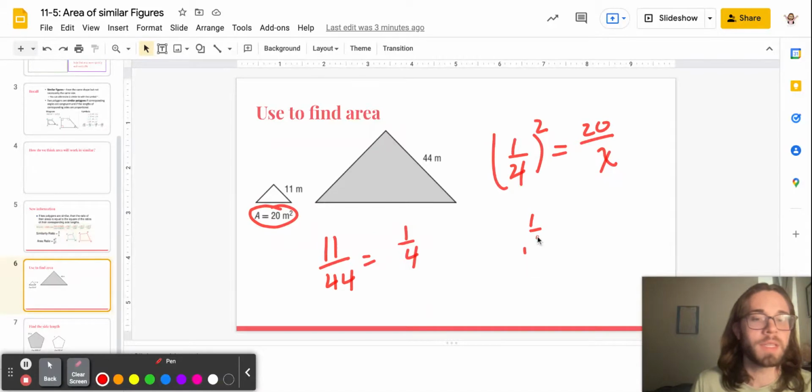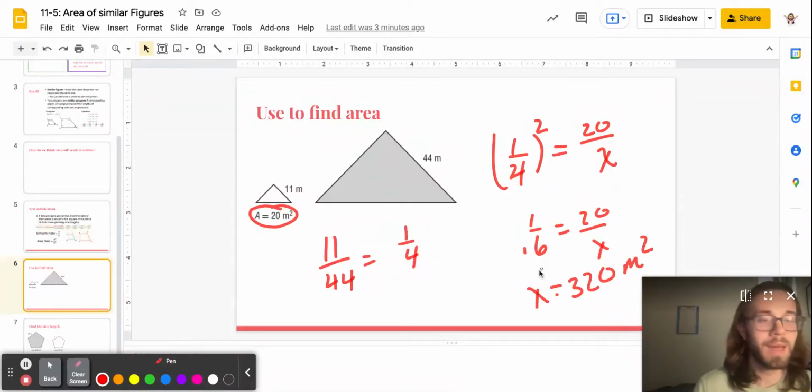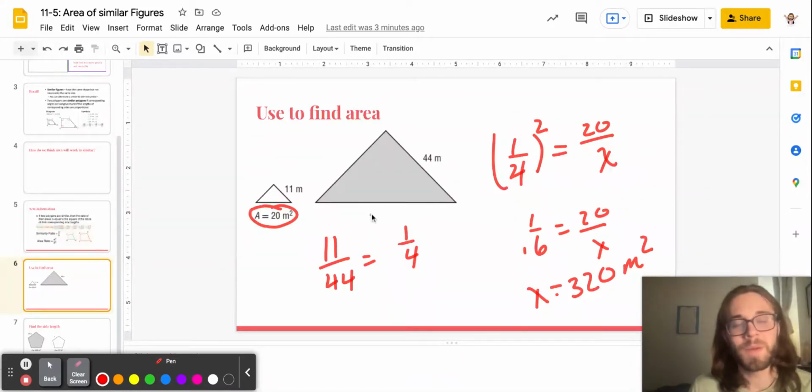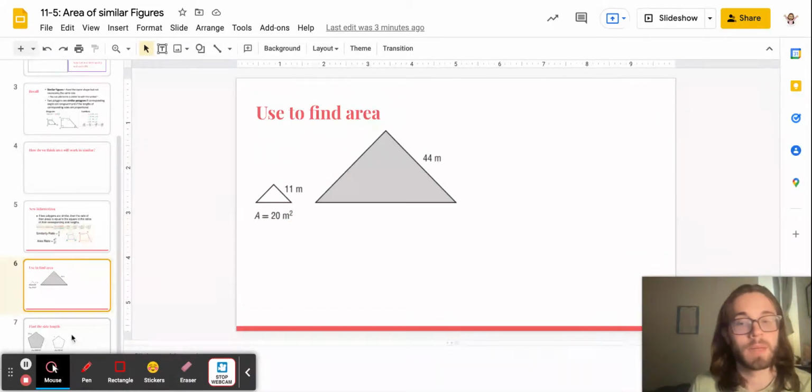So that's 1 over 16 is equal to 20 over x. Cross multiply, x equals 320 meters squared. I have to make sure I have the unit right. So this one should have an area of 320 compared to this one's 20. And if you do that out, it will have the correct ratio of 1 to 16.